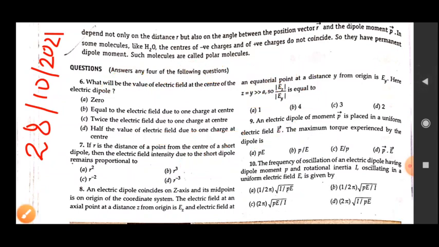Now the last question for this case study is: the frequency of oscillation of an electric dipole having dipole moment P and rotational inertia I, oscillating in a uniform electric field E, is given by.